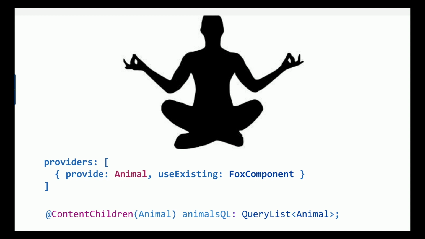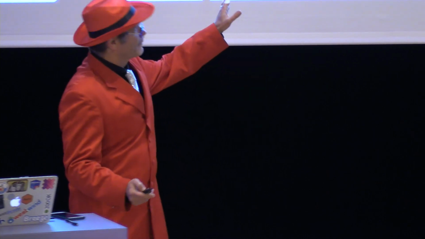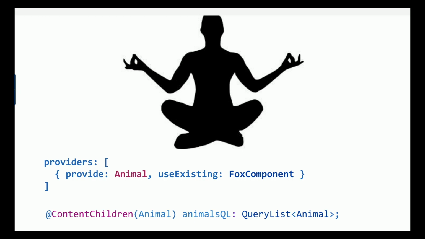So I have a little coda on it, a little extra thing, because I didn't talk about something about this content children that I think is important. That's that the query list, we've seen that the query list has a to-array on it. We've been using query list to array and elsewhere here. I don't have it on this slide. It's actually a live list. Query list is a live list. And in order to get the contents of it, you have to go to array to look at it.